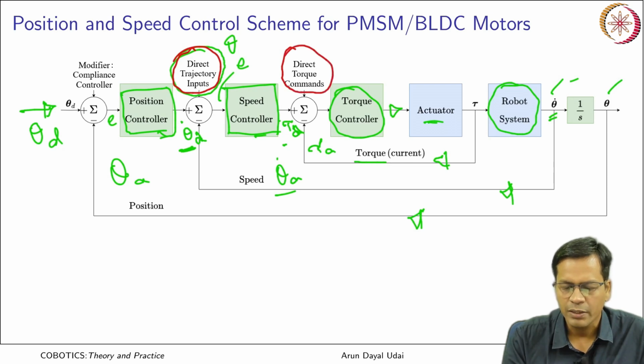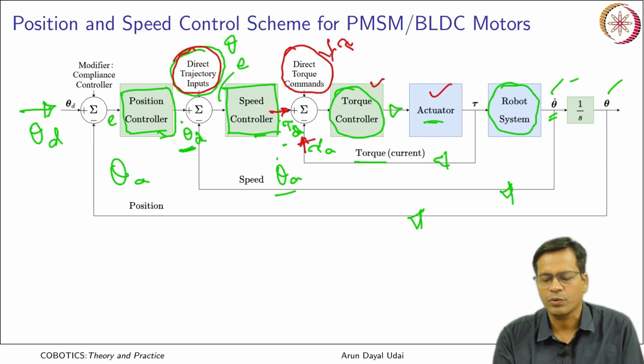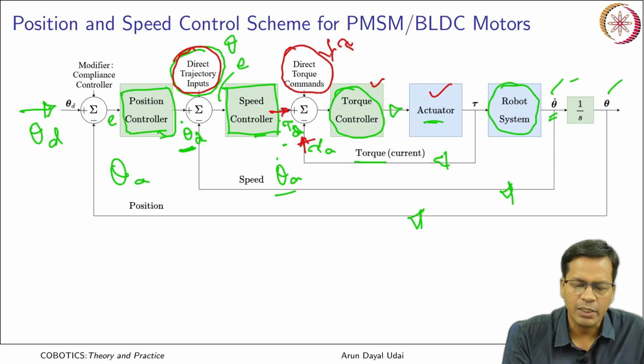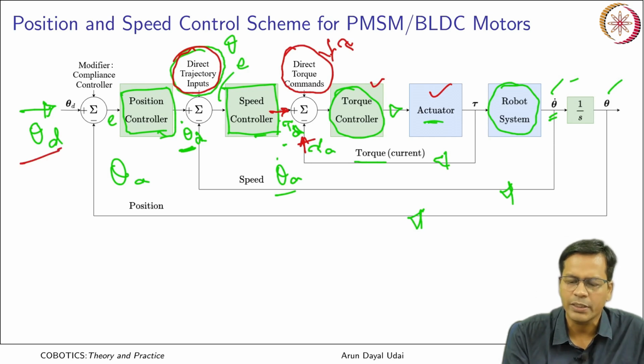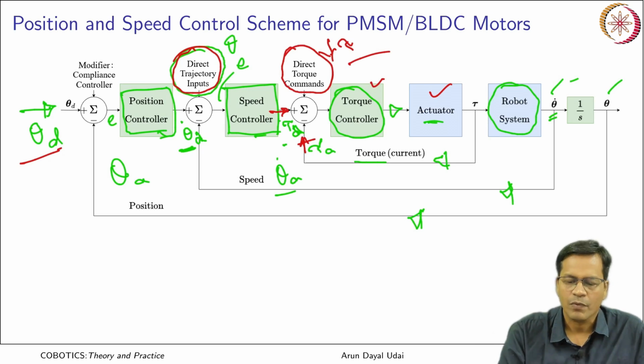So, even with the balanced torque of the desired and the actual, you want to run the motor directly with the torques. So, you can directly feed in the torque here, and torque is inputted directly to the torque controller and it goes to the actuator. So, you can make the motor run in position mode or in the torque mode depending on where you are feeding in the inputs. Okay.